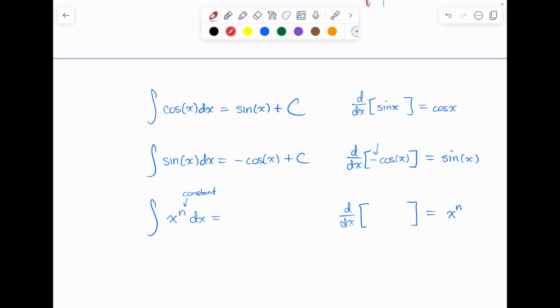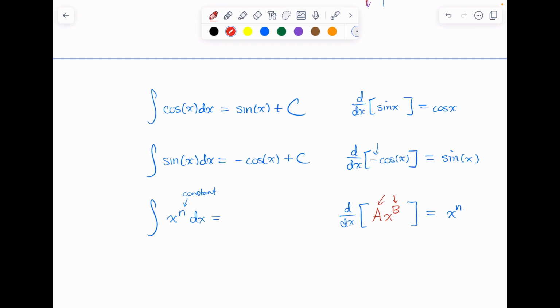So one way we could do this is to say, if I have a constant a times x to the b, what numbers or expressions do they need to be so that the derivative turns into x to the n? We can work with them as constants.